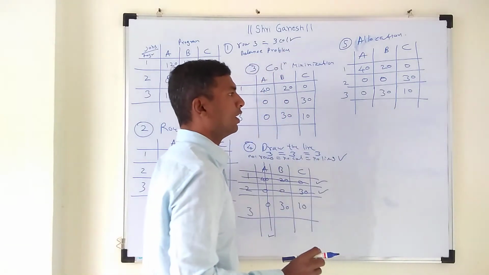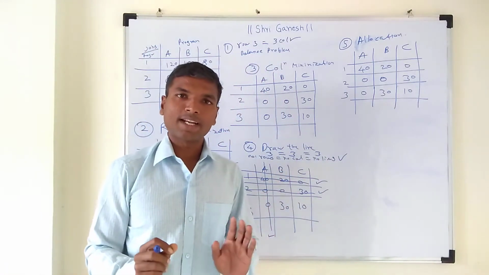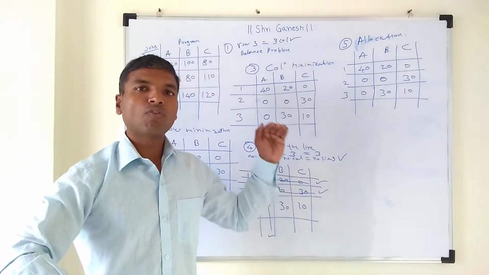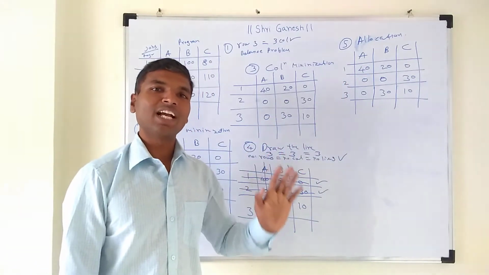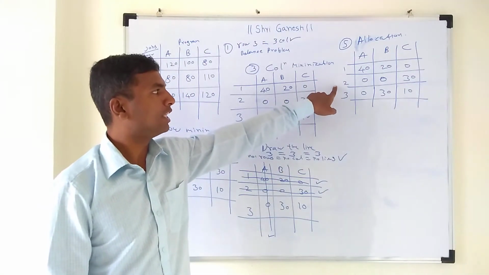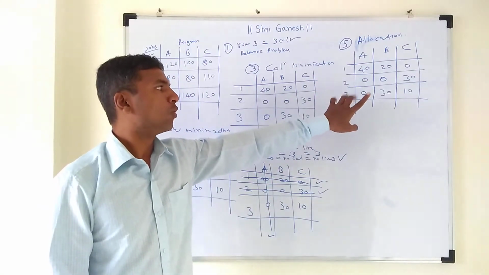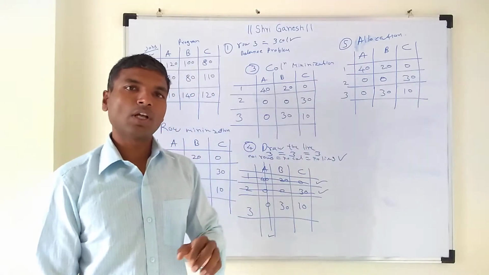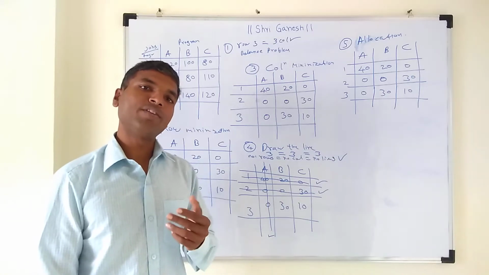Now we have to allocate. So whenever you are going to do the allocation, now only think about the rows, only rows. So first you have to find out in which row a single zero is there. So in the first row obviously there is 1 zero, in the second row 2 zeros, third row 1 zero. So there are two rows available in which there is a single zero. Now it's up to you, whichever you want to allocate first you can.